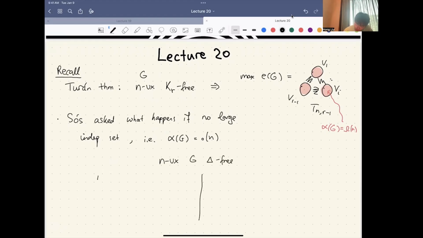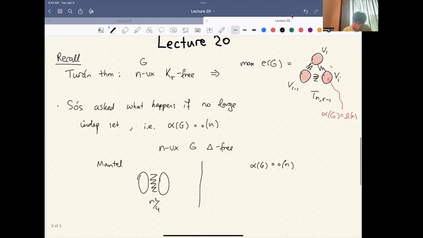In the normal world, we have Mantel's theorem, and we know the maximum is the complete bipartite graph, which has n squared over 4 edges. Now, if we require here additionally alpha of G is little o of n, then we claim that the maximum number of edges of G cannot have positive edge density. It drops to little o of n squared.